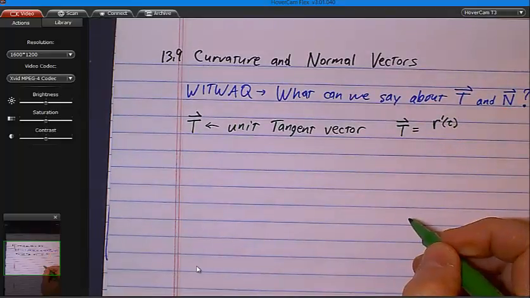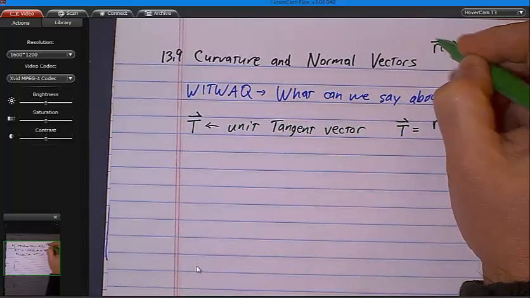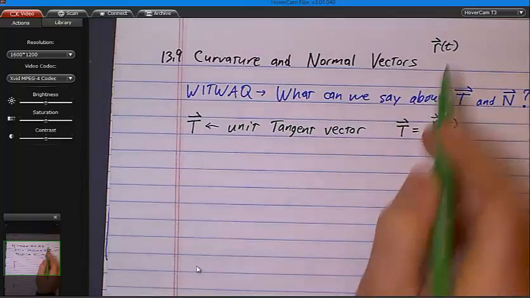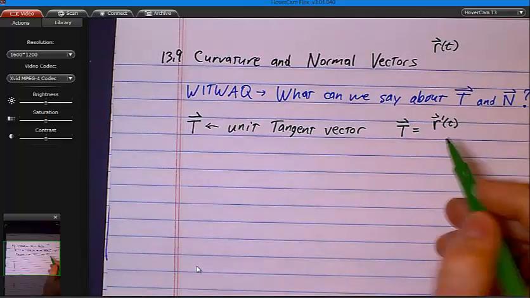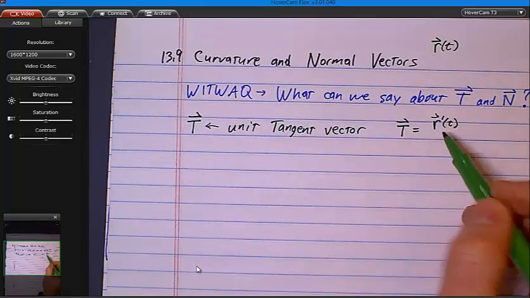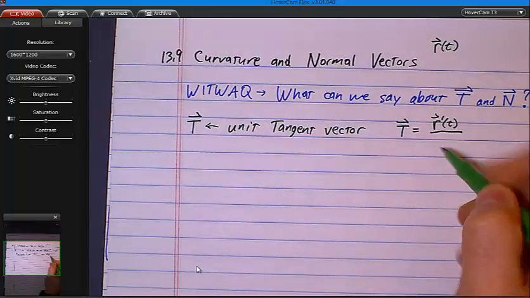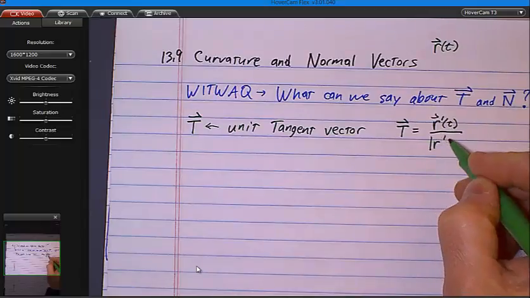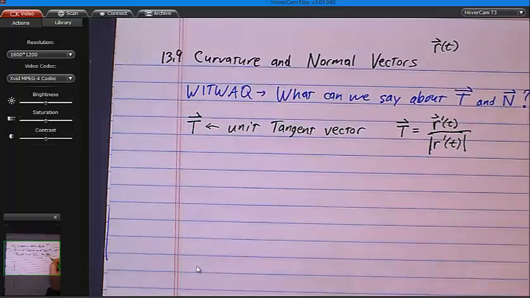In general, r of t has been my vector-valued function. r prime of t, just like in Calc 1, gives me the tangent vector. If I'm thinking of this as position, then this is velocity. But we also said we want it to be a unit vector, so we divide by the magnitude of r prime, and that's the definition of your unit tangent vector.